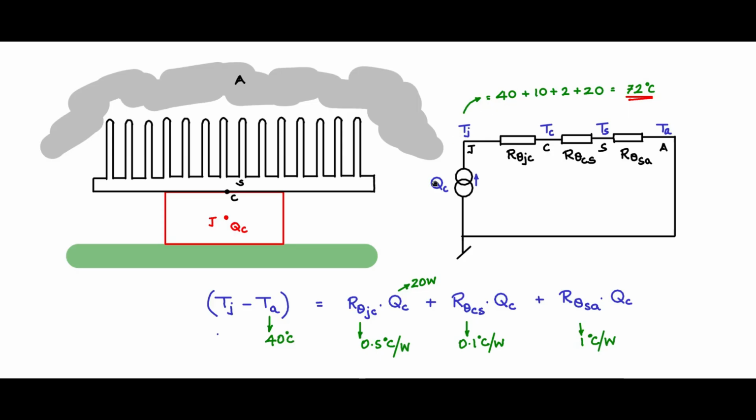Now if we introduce a Peltier junction or a Peltier element in between, then you will see that the R theta SA improves much better, and thereby the heat removal is much improved. So how do we introduce the Peltier junction into this? We will have a look at that.